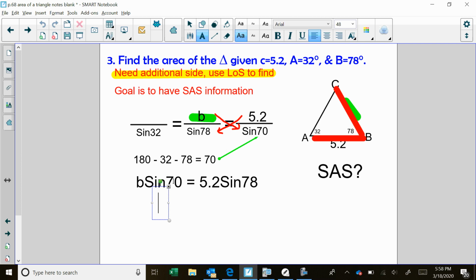And so if we divide by sine 70, B will equal, you guys go to your calculator, 5.2 sine 78 divided by sine 70, and we get 5.4 for side B. So I got 5.4 up here.